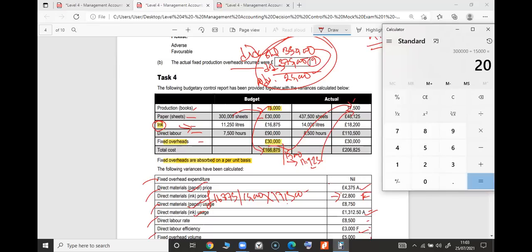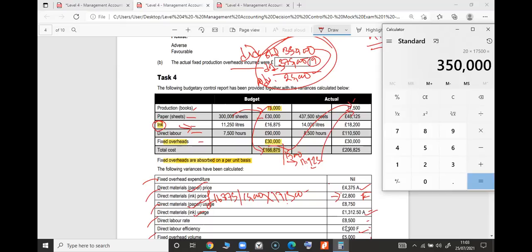So per unit is 20, and for 17,500 units, how many should it have taken? 350,000. Yes, thank you, Richard. Good one. But they have taken more. It is adverse, isn't it?